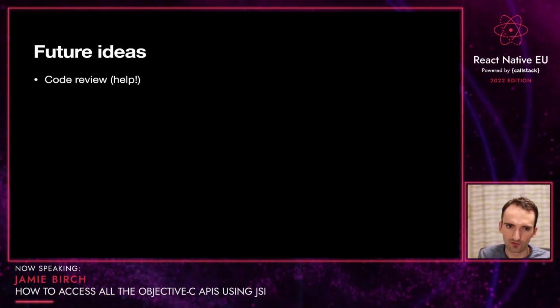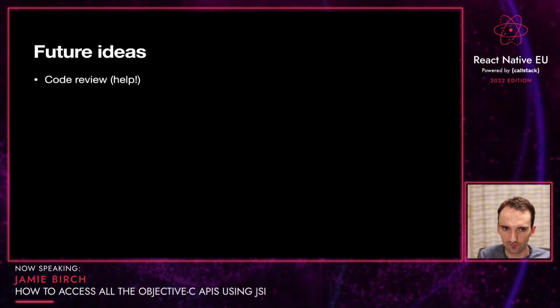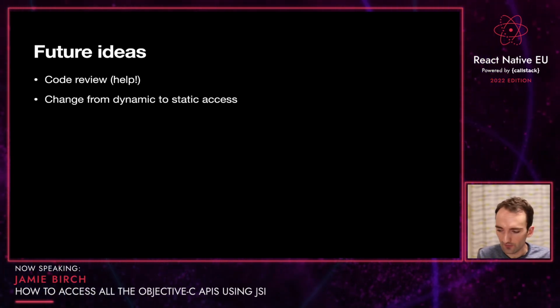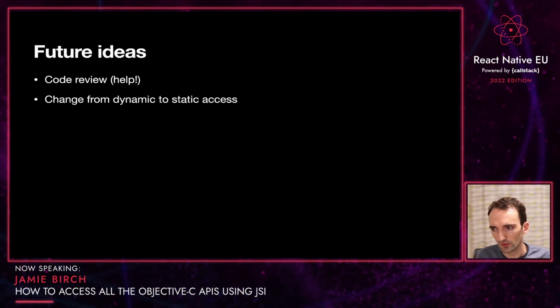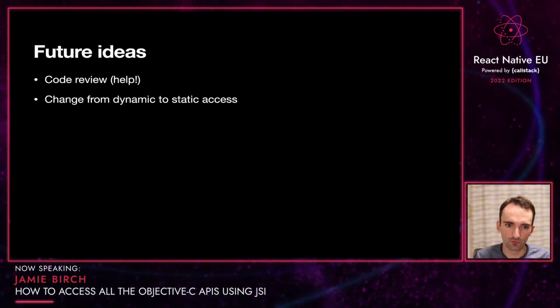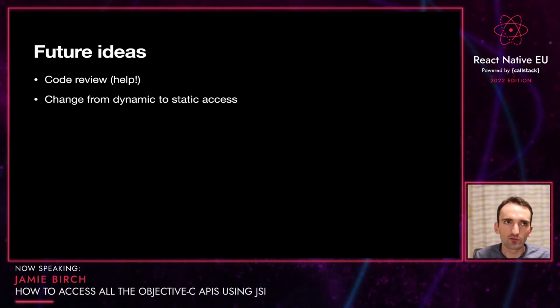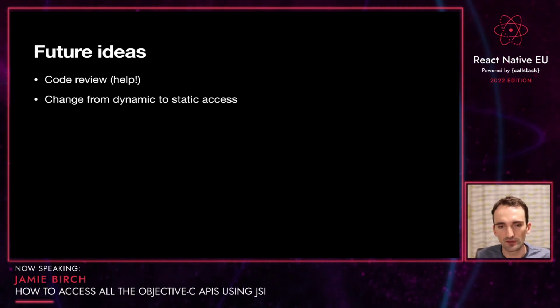Maybe someone can come along and say, oh, I know exactly what's going wrong with the memory accesses. Here's some help. We could change from dynamic access to static access. So use, for example, NativeScript or Xamarin's approach to finding out the names of all the classes that exist in runtime, and not just classes, methods and everything.